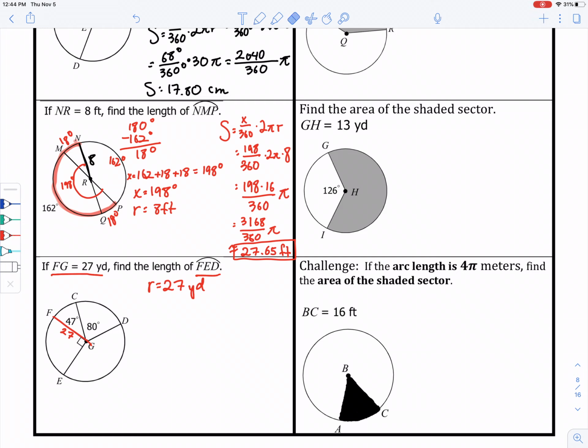Let's find the angle that we want to use for x. So FED is our arc that we're using right here. Okay. So we need to find this angle in order to use it as x.